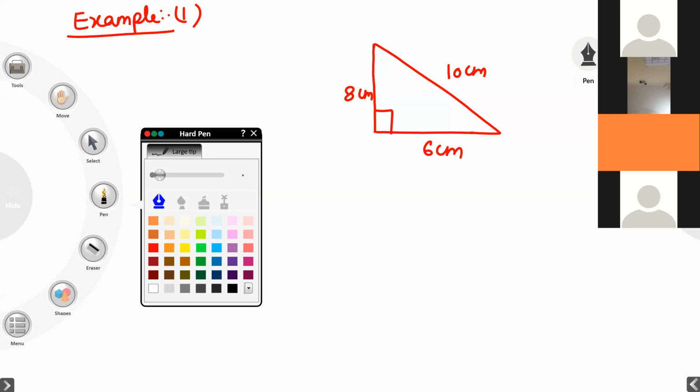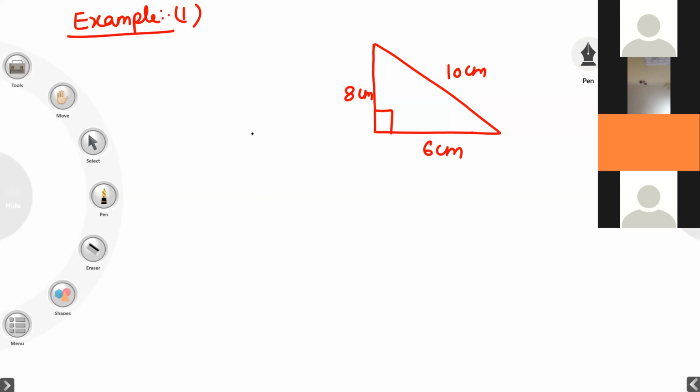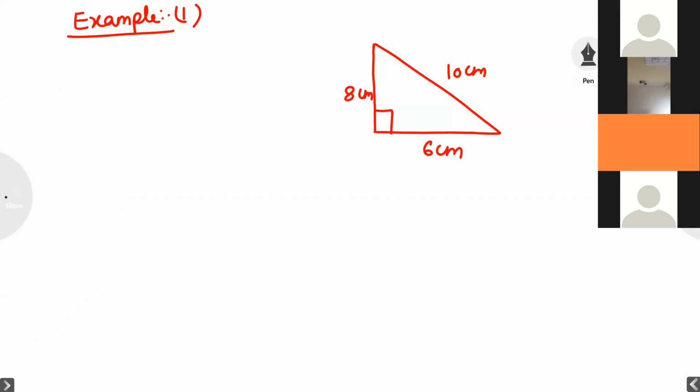Find the curved surface area of the solid so formed. Again, we want to draw a cone.